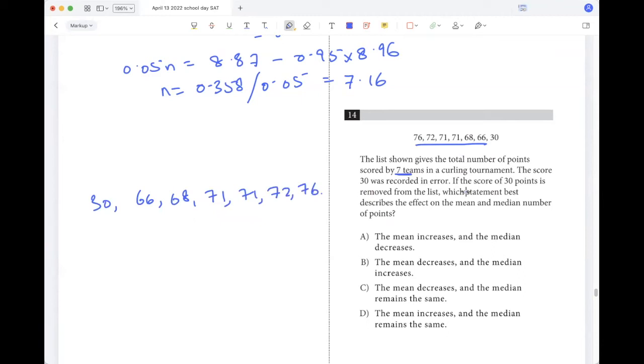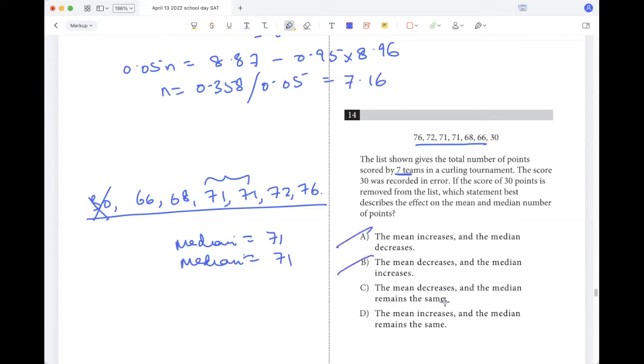So for these 7 teams, the median will be the fourth one, which is 71. And if this is removed, then for these 6 teams, it's the average of these two, which is still 71. So the median has remained the same.